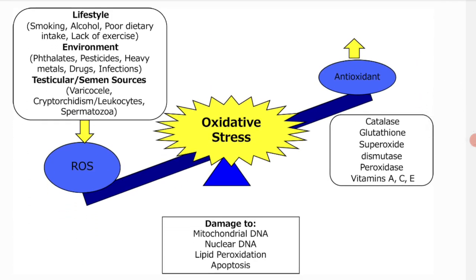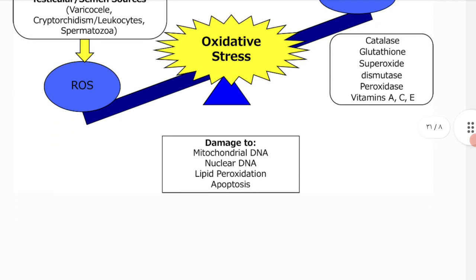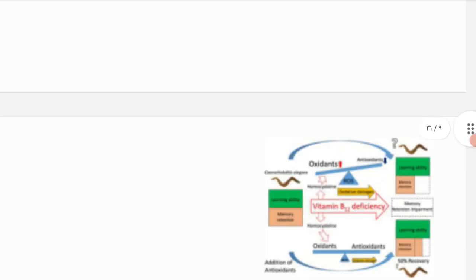As we see, if ROS decrease, there is an increase in antioxidants: catalase, glutathione, superoxide dismutase, peroxidase, and vitamins A, C, and E. While ROS increase with lifestyle, environment, and testicular or semen sources like varicocele. If this imbalance occurs, it will lead to damage to mitochondrial DNA, nuclear DNA, lipid peroxidation, and apoptosis.